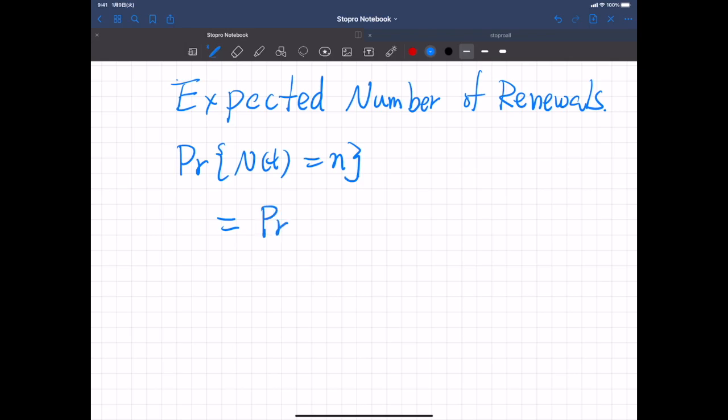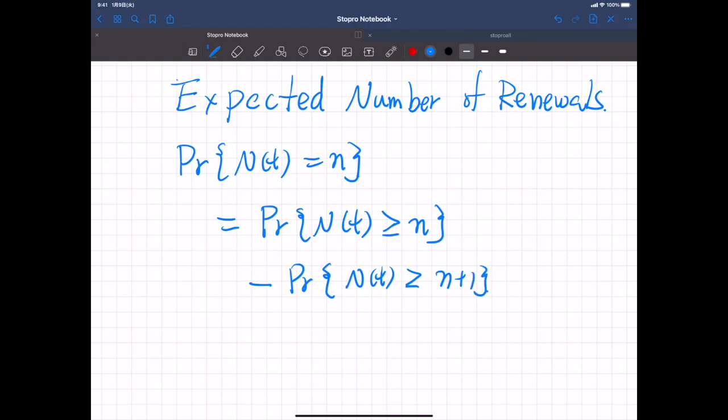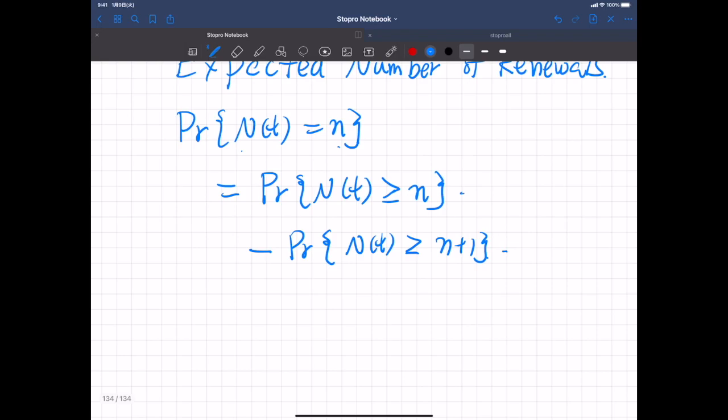The probability that N of t is greater than or equal to n, minus the probability that N of t is greater than or equal to n plus 1. If we subtract this probability from this probability, we should have the probability that the number of renewals is exactly n. I think this should be trivial.